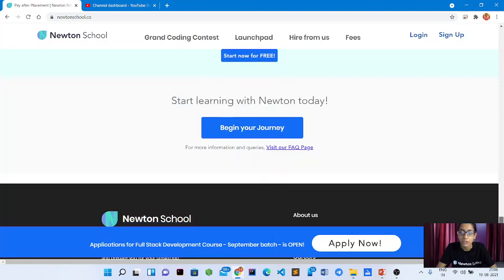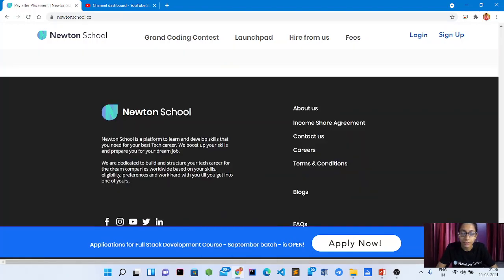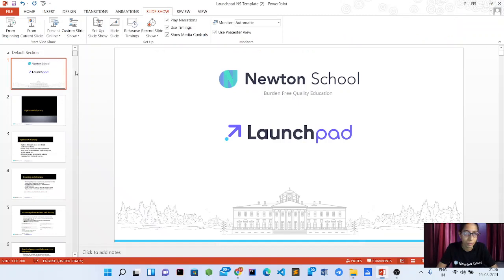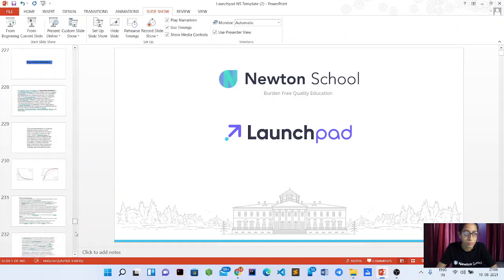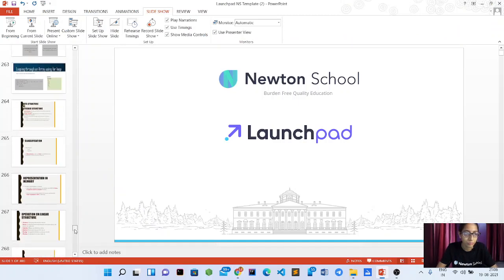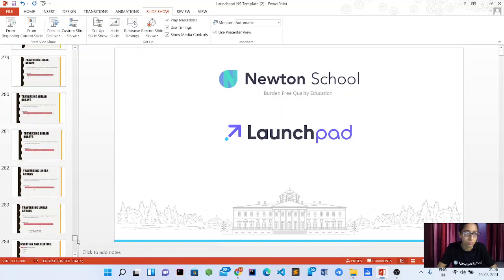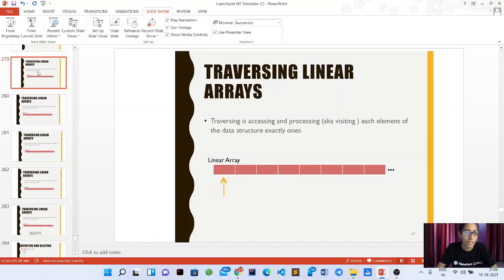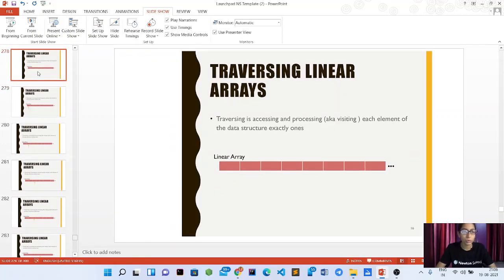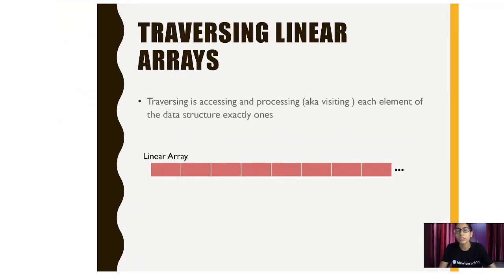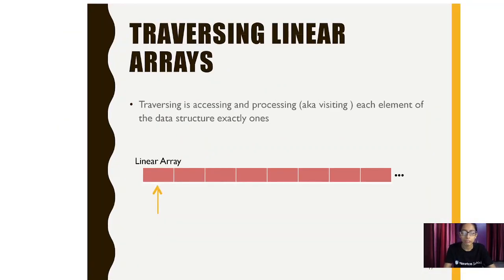So let's get to the topic. Array traversing is one of the most important topics in NumPy. Traversing means accessing all the numbers in one form.